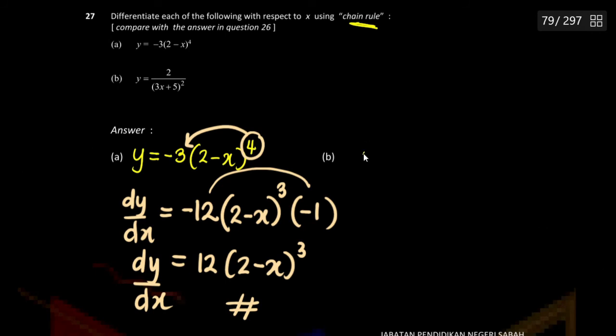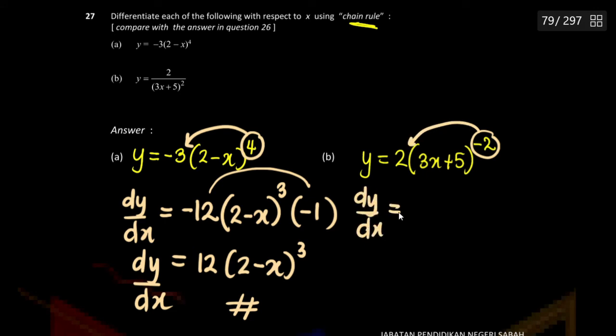Okay, for B, similar also. Change the form first. Because you see that the 3x plus 5 with power 2 is below, bring it up first. 3x plus 5, the power will become negative. Now you do the shortcut. Take the power times the number in front, becomes -4. Copy whatever is inside the bracket.